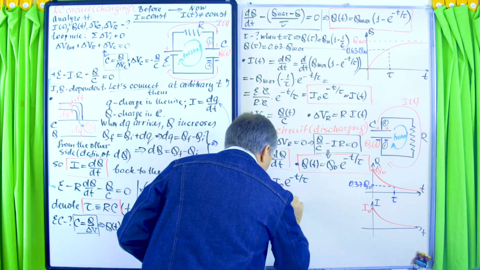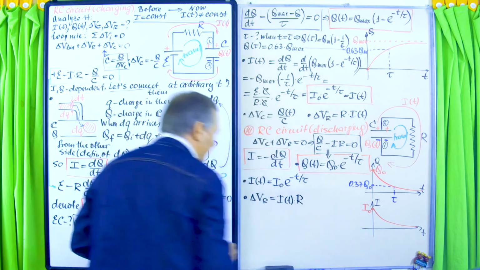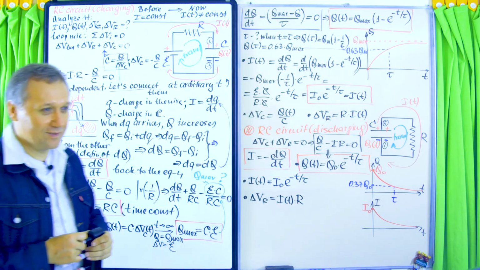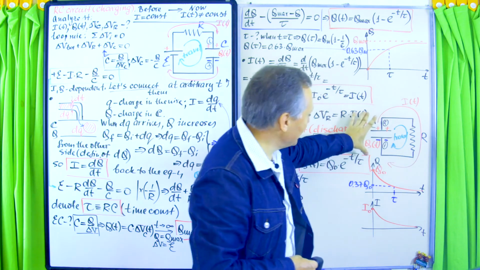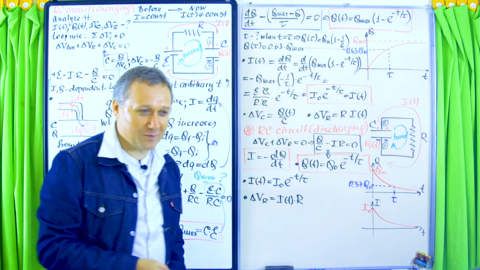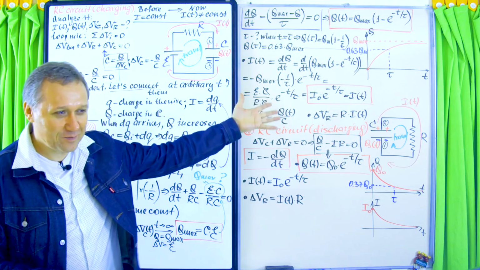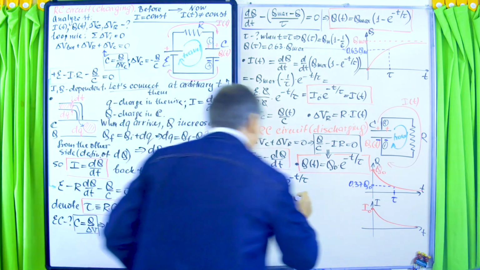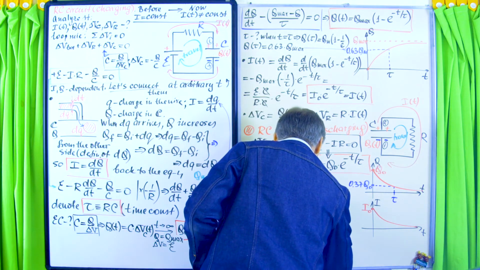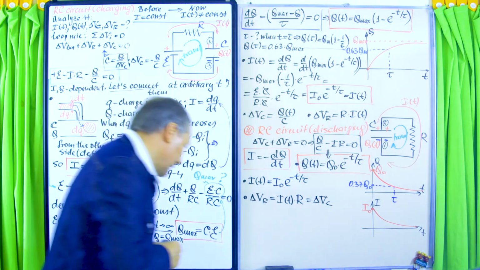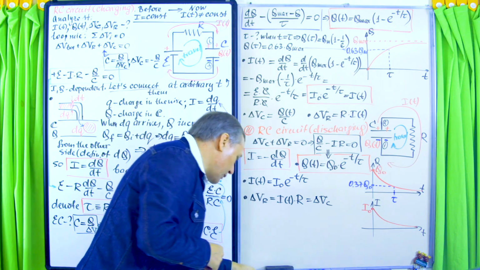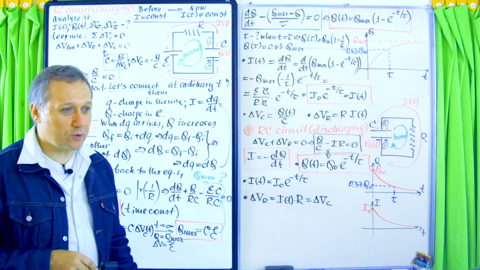I, which is of course a function of time, times R. And also, the potential difference across the resistor and the potential difference across the capacitor are the same, because there's nothing else. So of course, the absolute value must be the same. So delta V across C. Okay, so that's what I wanted to mention about the discharging situation.